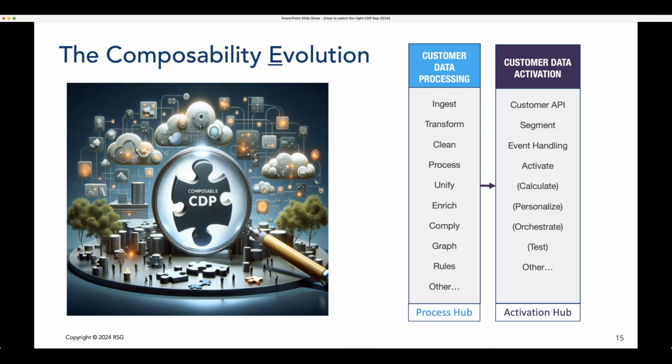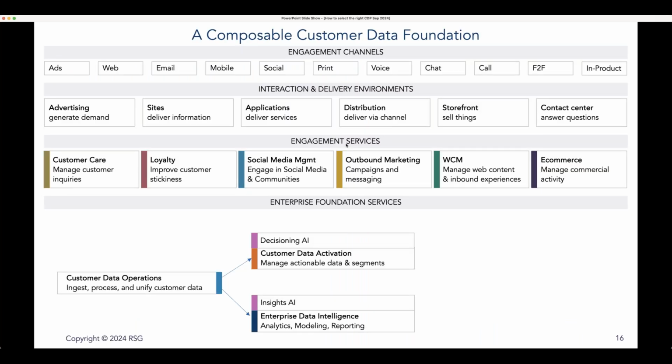But then depending on how much you want to decompose it, even within that, you do need to be careful, particularly on the right side, or the purple boxes here, that you're not applying a data ops problem for a set of marketing ops people, which is another way of saying that when we see people try to build super composable platforms for marketing ops folks, sometimes the usability isn't always there, and they would have been better off just with a more traditional CDP. We can talk about that more if you have questions going forward.